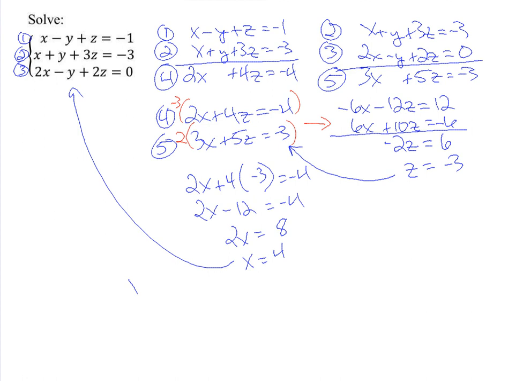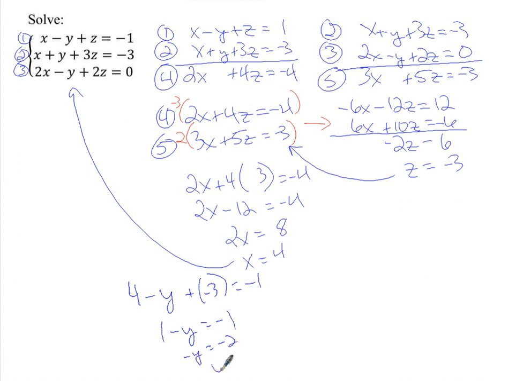I want 4 minus y plus negative 3 equals negative 1. So 4 plus negative 3 is 1 minus y equals negative 1. Subtract 1 from both sides and you get negative y equals negative 2. So therefore y must be positive 2. So my answer now is x is 4, y is 2, z is negative 3.